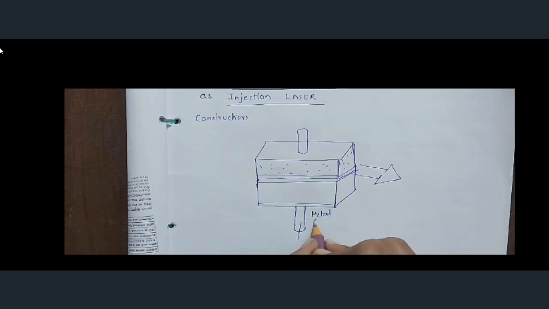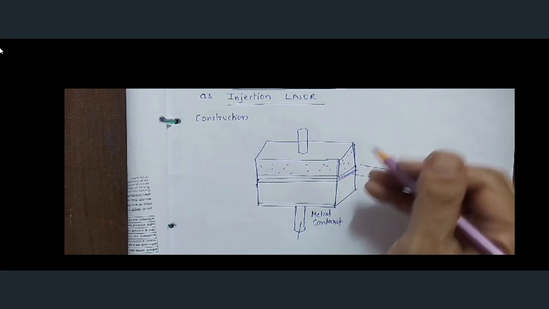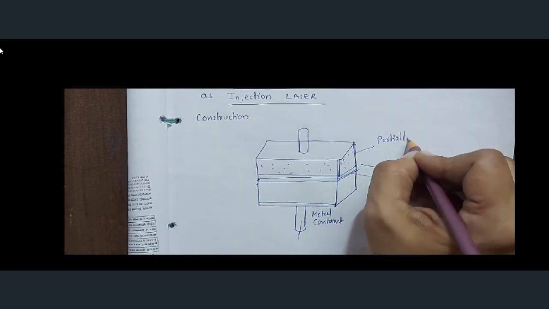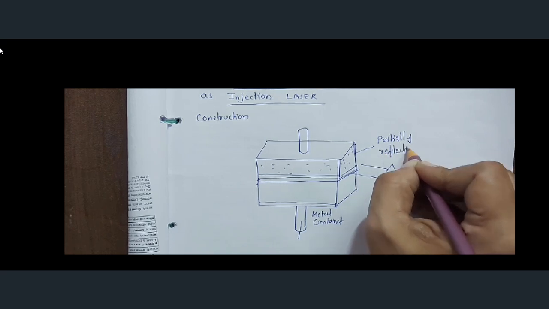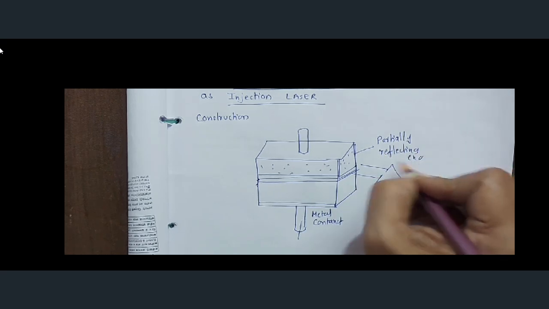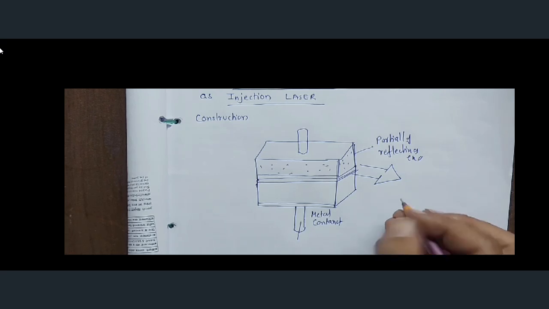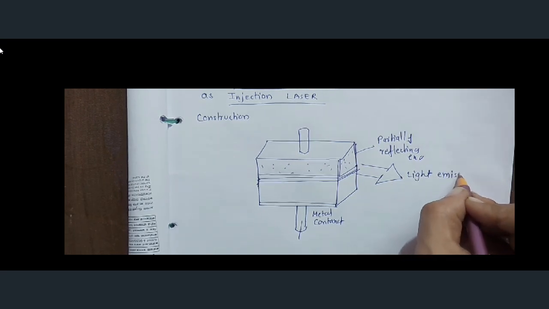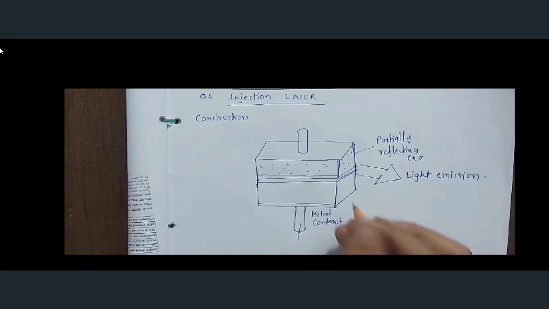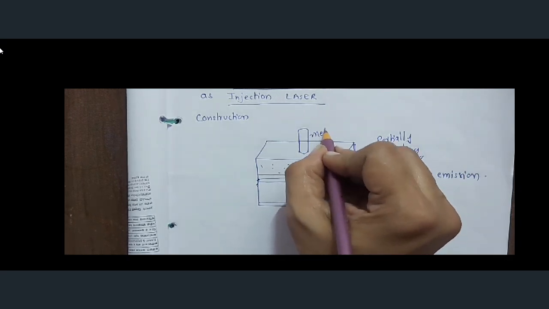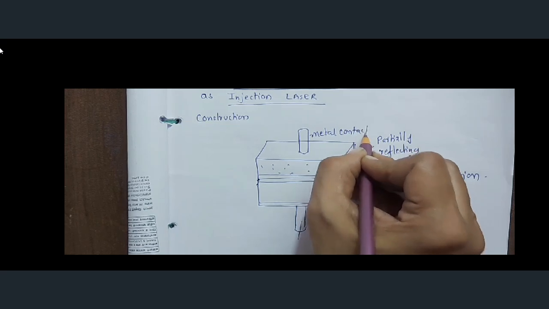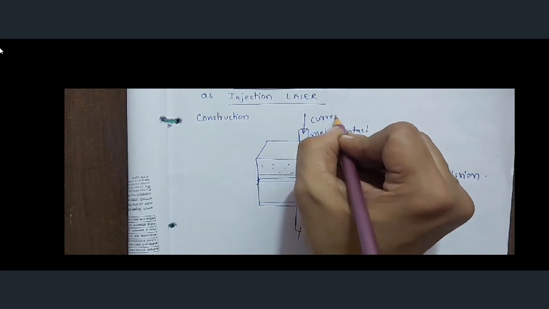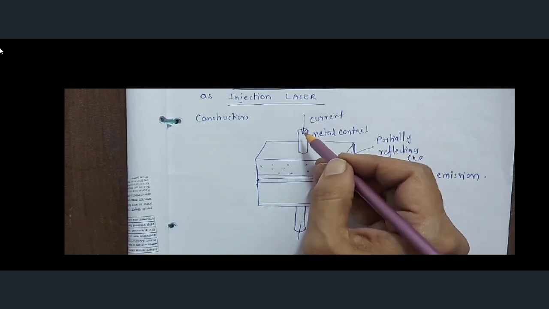Metal contact. This is partially reflecting, and this is partially reflecting, and from here light emission will take place. This is the metal contact through which current flows, the direction of the current is like this.